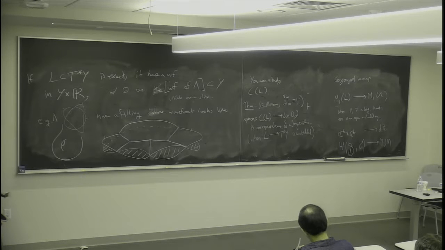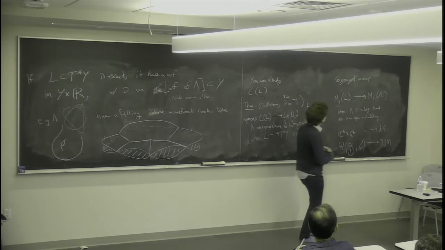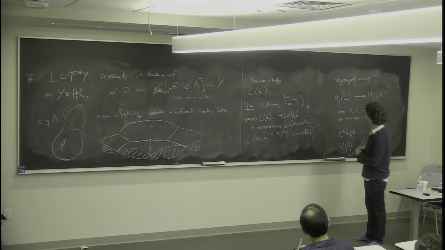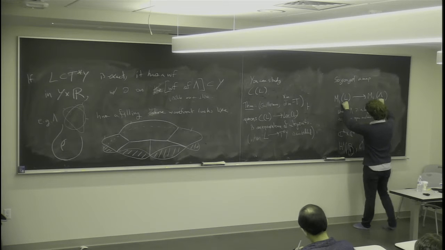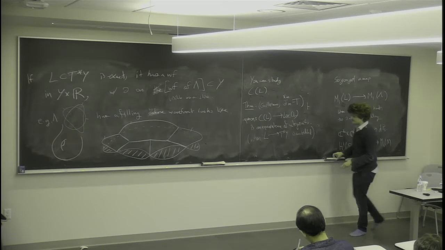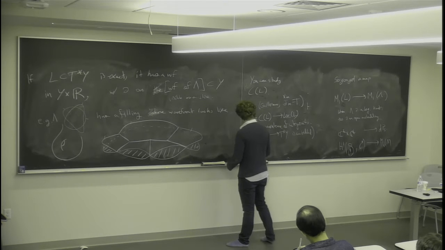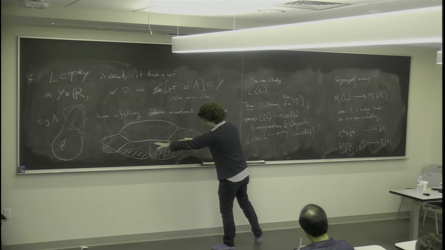So you can use this to give a, this map is some kind of invariant of that exact Lagrangian. So if I had built this picture by starting out by drawing that tree.